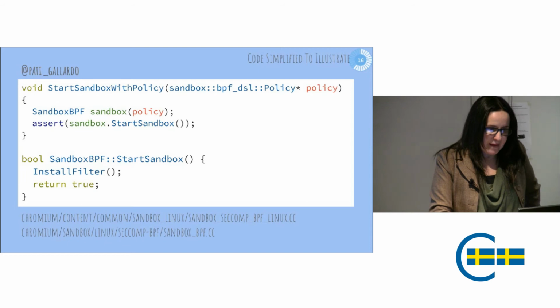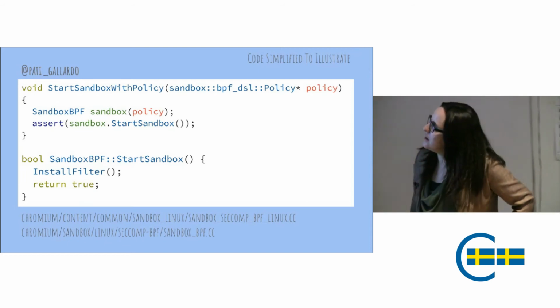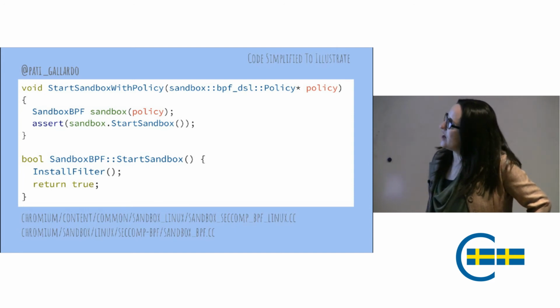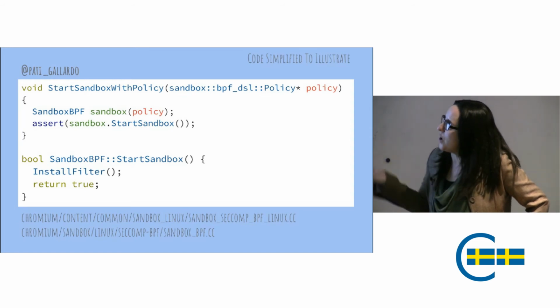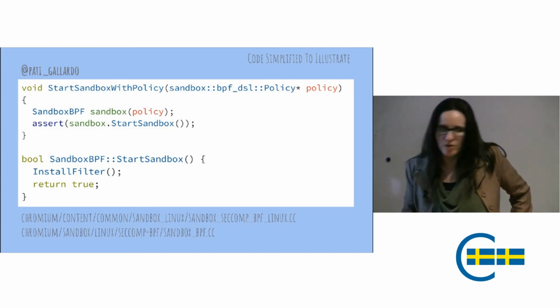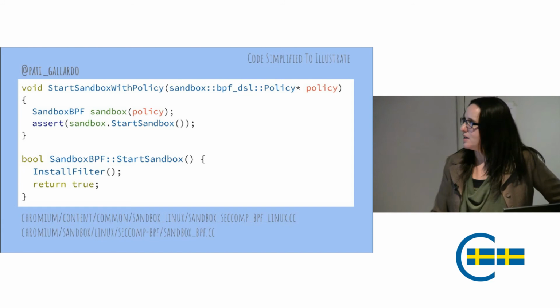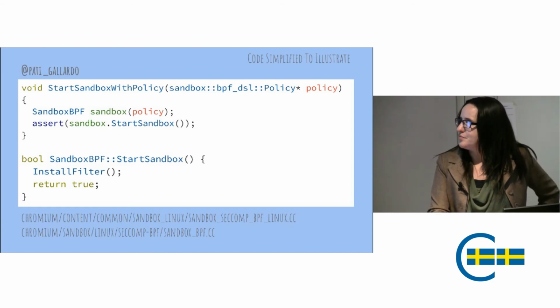Okay, so this is sort of how that looks code-wise. You will have a policy that you pass in and a concept of a sandbox, which is an object. But all of this is just kind of fluff around the Linux APIs. But okay, moving on.